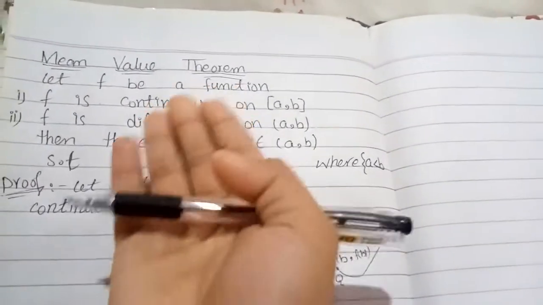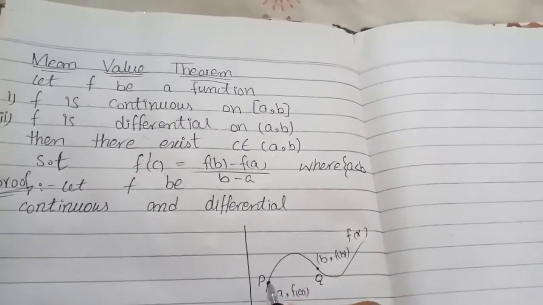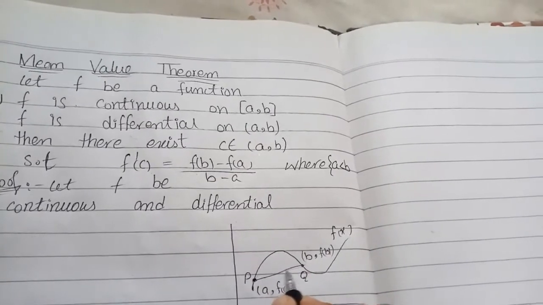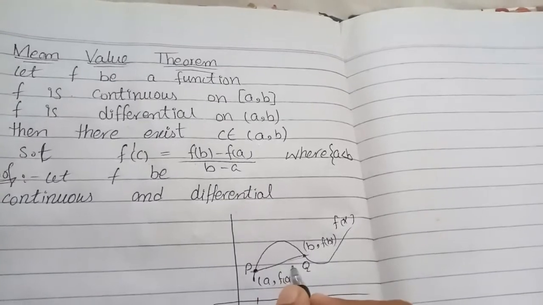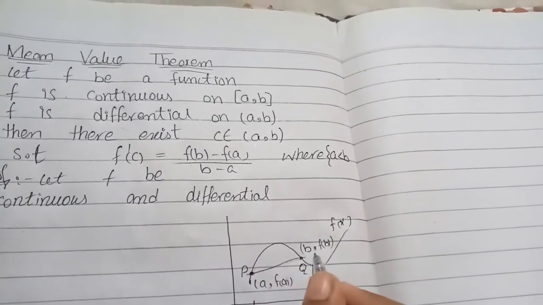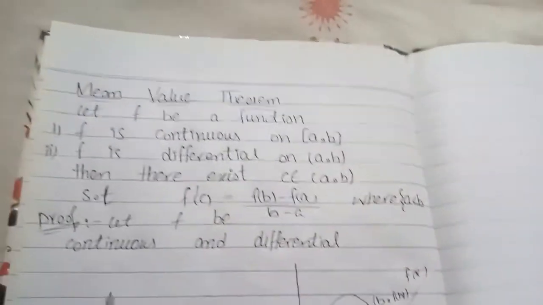To prove this theorem, let's draw a secant line or chord passing through the two points on the curve. This is the secant line. Now students, if we have to find the slope of this secant line PQ, what is the slope?